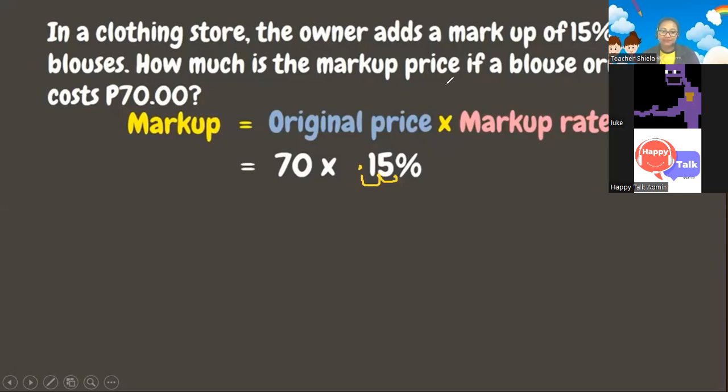Wait, miss, is it fine to get a charger? I'm at 3%. Oh, sure, sure, sure. Go ahead.